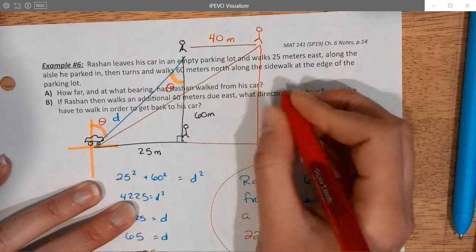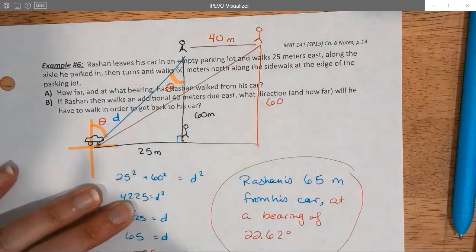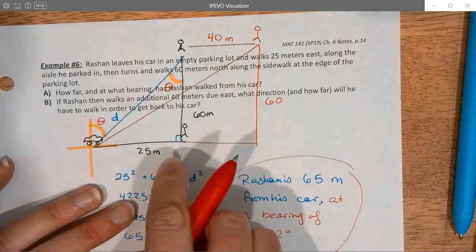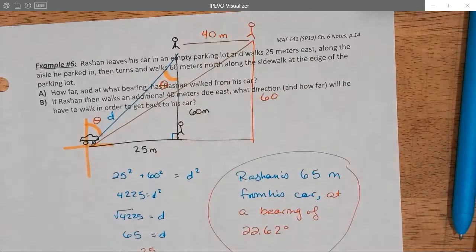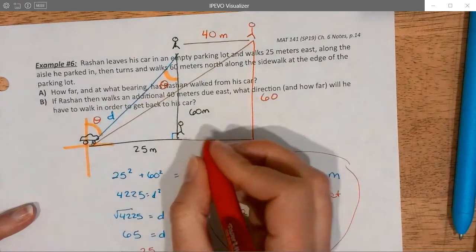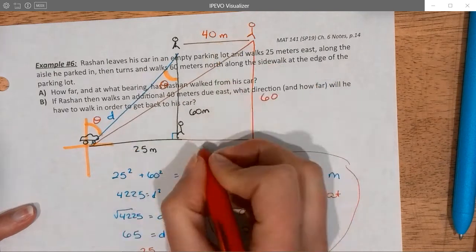All right, this distance on this side is still 60. This total distance across the bottom, since he walked 40 additional meters east, is that 40 plus our 25, so it's going to be 65.